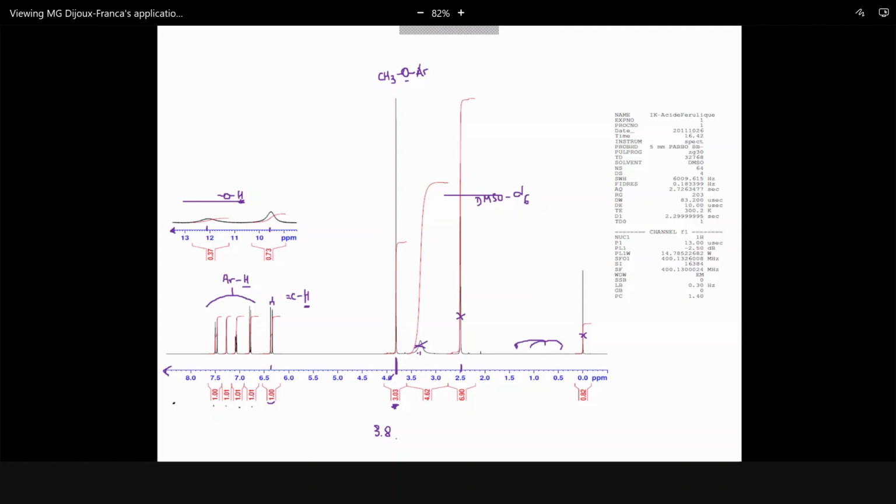So at this point, this is only what we can say from this spectrum. Here, just in the parameters, you see they give the solvent. What do we have also? This is the temperature, and this is the value of B0. We have a 400 megahertz machine.